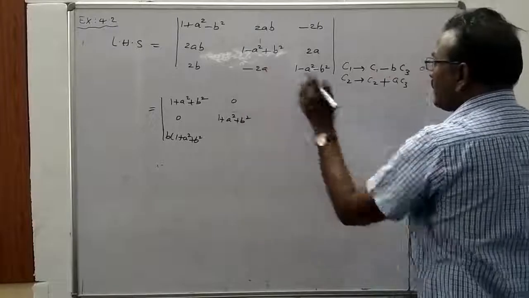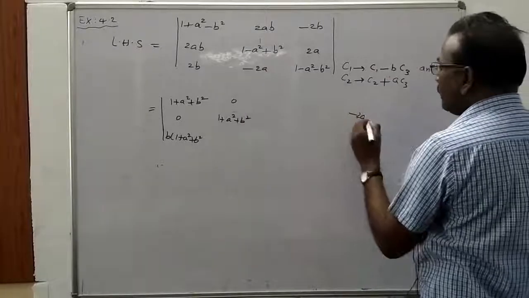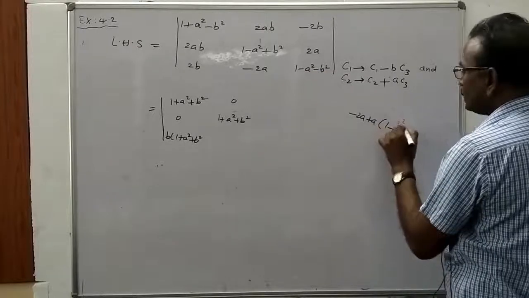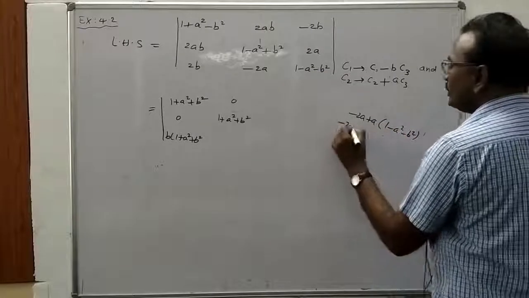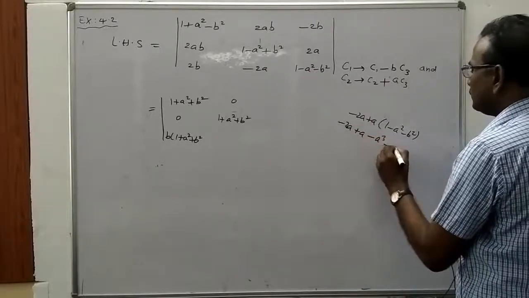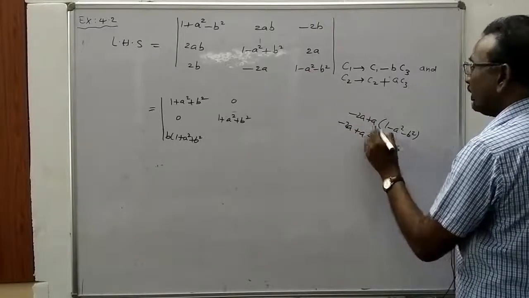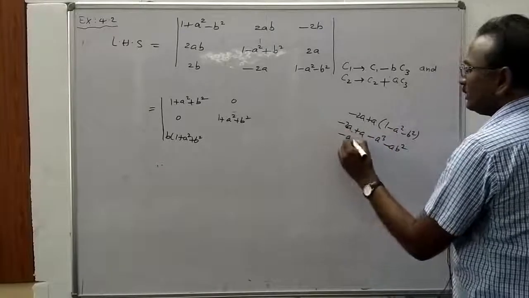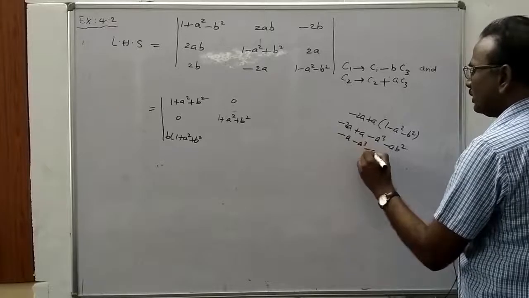Next, minus 2a, second column element, plus a into 1 minus a square minus b square, that is minus 2a plus a minus a cube minus ab square. So minus 2a plus a is minus a cube minus ab square.